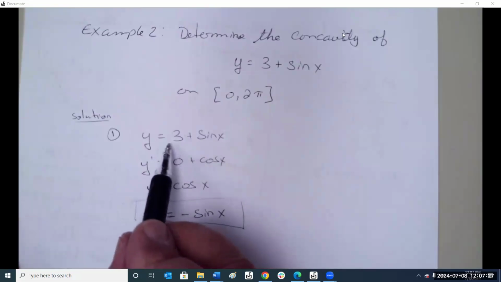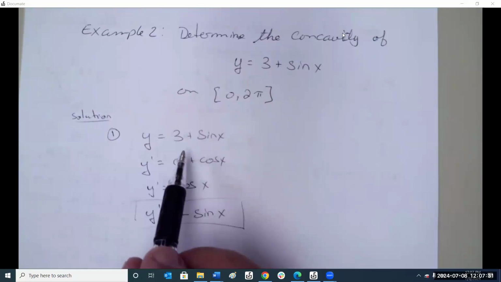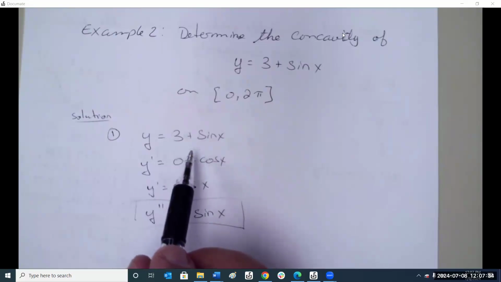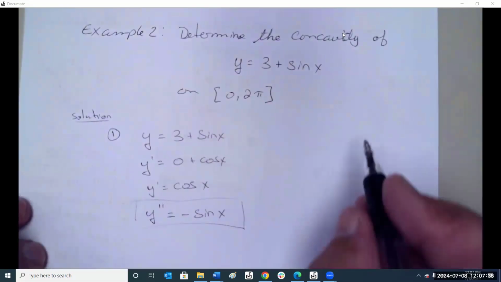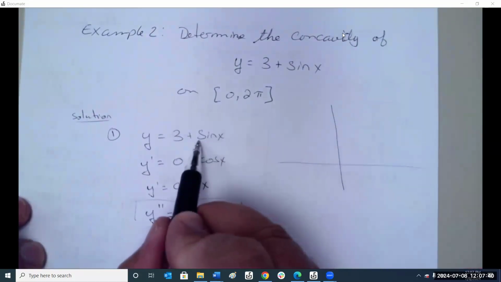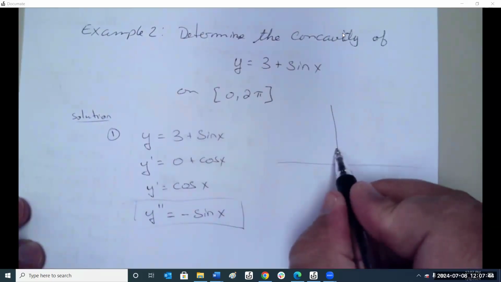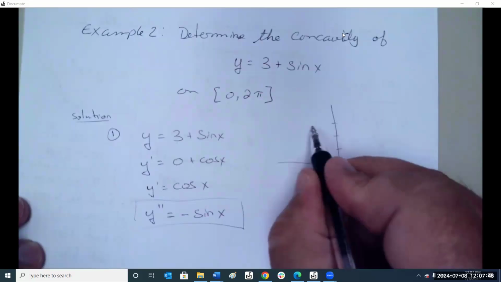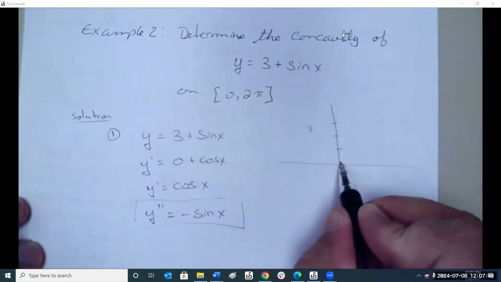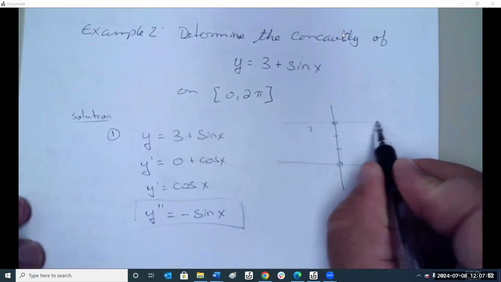So what does this graph look like with this function? It's a sine function. There's the x, and it's raised up 3 spaces. So my origin shifts from here to here.